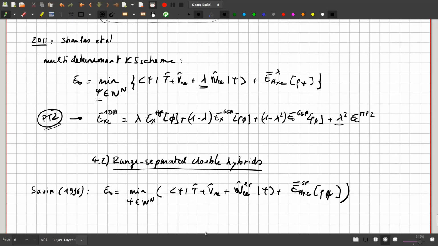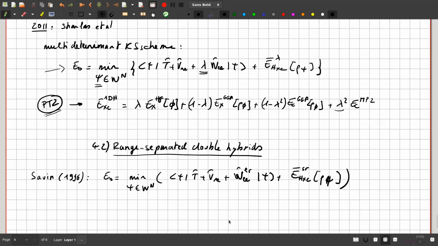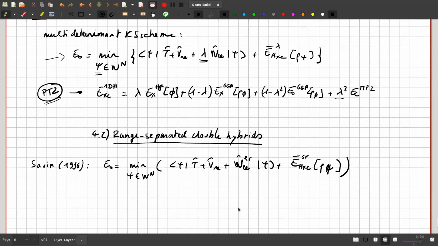Okay, so again, this is an exact decomposition. It's similar to what we did here for the lambda, but here it's with the range separation. And you can use this scheme with any type of wave function that you want. You can do an MCSCF, okay? You have an MCSCF plus DFT scheme.